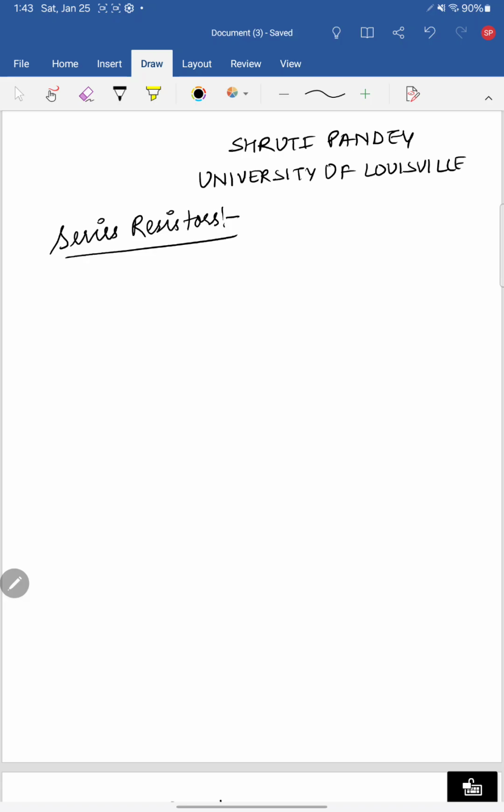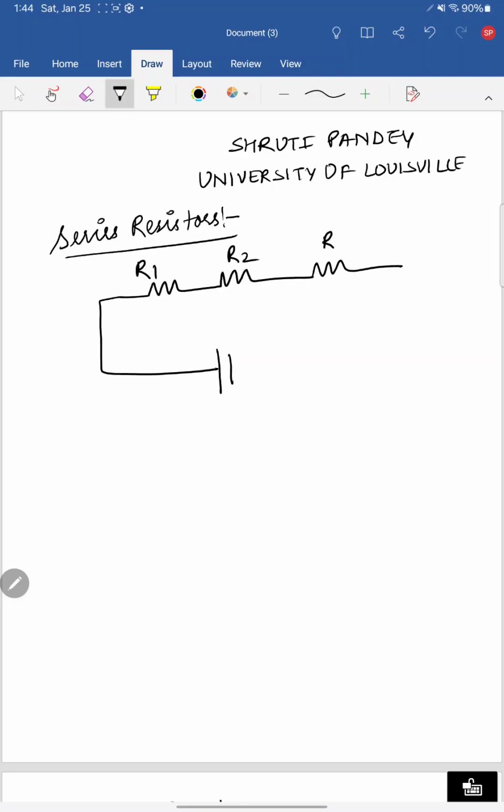So first let's quickly revise whatever we have done in the class before. When two or three resistors are connected in series, this is R1, this is R2, and this is R3, connected with a voltage source V, this is plus and this is minus.